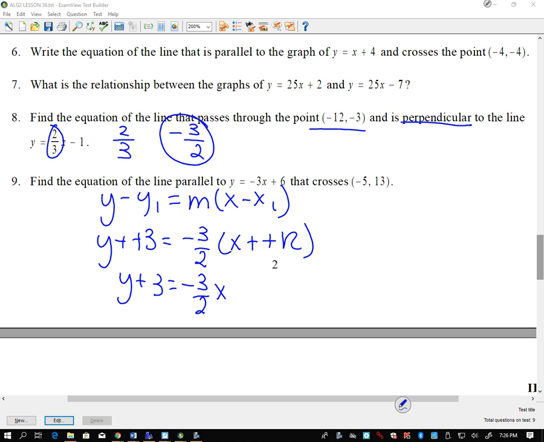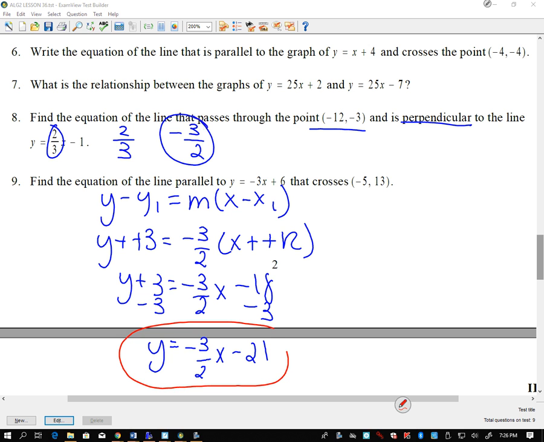Okay, just want to double check. Negative 18. We want to subtract 3 from both sides. Y equals negative 3/2 x minus 21. Y equals negative 3/2 x minus 21 is my answer.